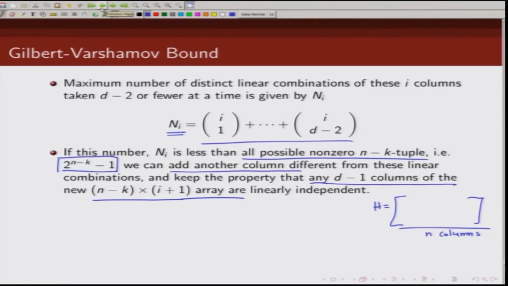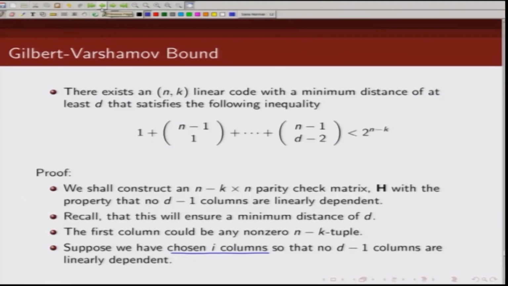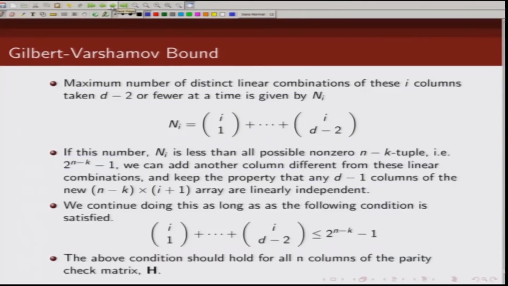If you go back here, if I put i equal to n minus 1, this should hold for i equal to 1, 2, 3, 4, up to n minus 1. This condition should hold for n minus 1.